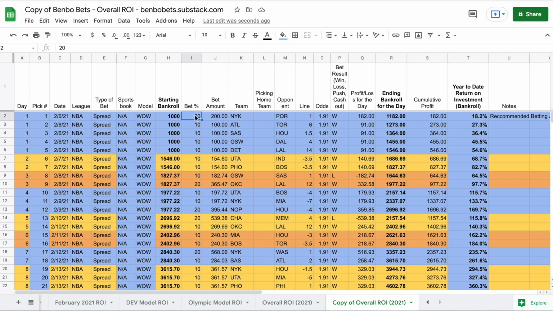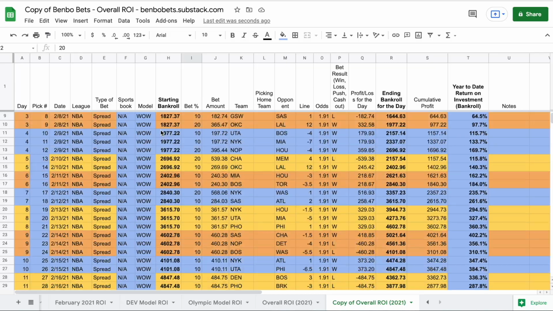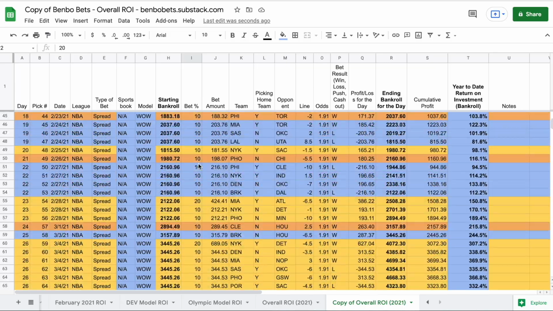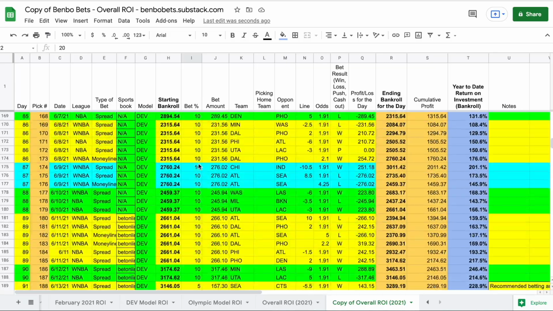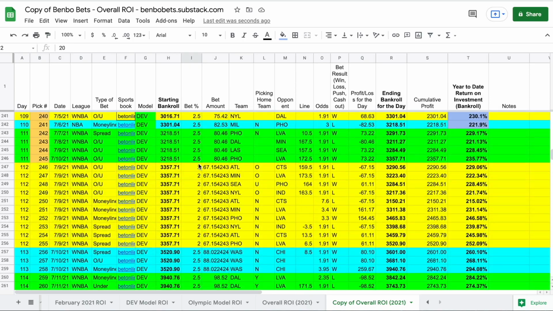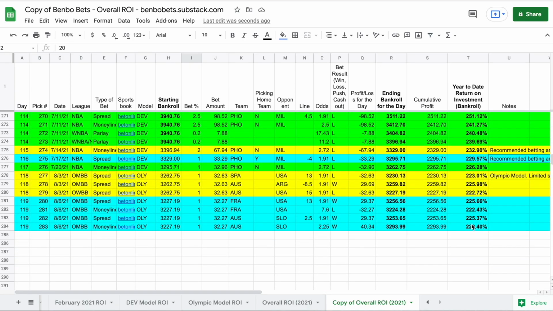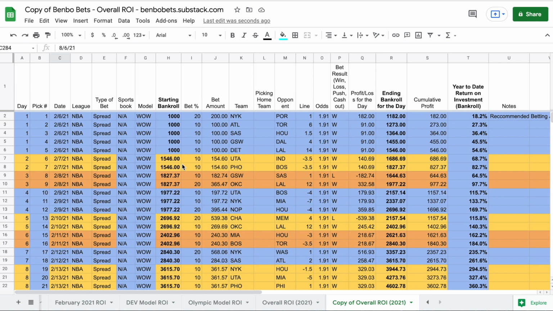Okay. So now I want to mess around with the betting percentage and see how that affects ROI. As I said, our ROI, if you tailed from day one at the recommended betting amounts, after 6 months is insane. The ROI is 229% in 6 months. Now, that's crazy, and it's a combination of a bunch of things, primarily the initial recommended betting amounts being so high, and I started on a 19-2 streak.